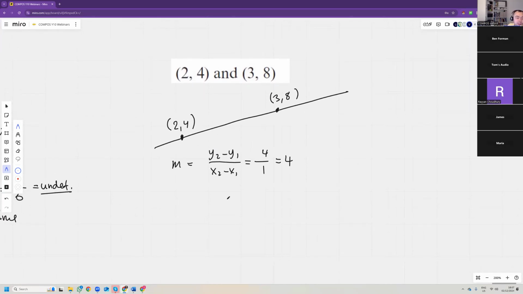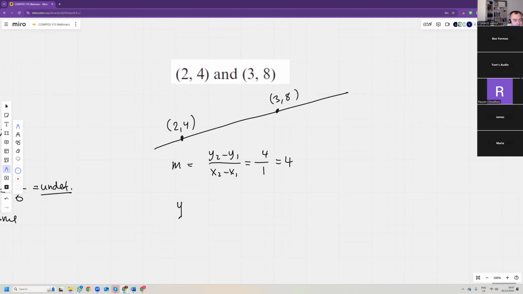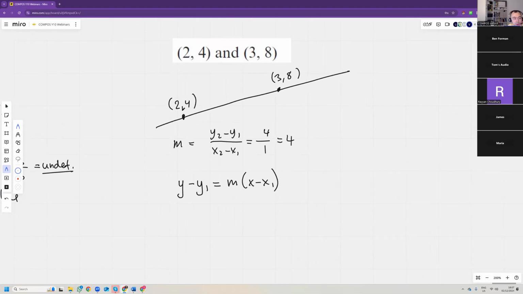And then you say, okay, y minus y1 is equal to m times x minus x1. That's the equation for a line with a given gradient going through a given point. So let's say we take this point, 2, 4.